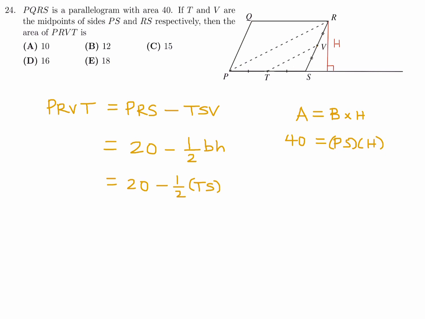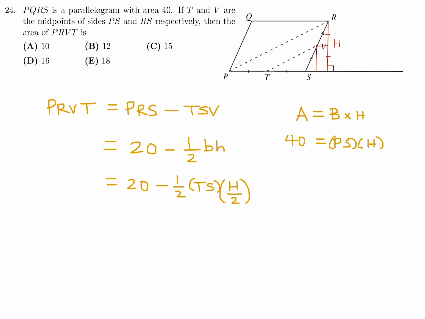Now, they tell me that V and T are the midpoints. Since V is the midpoint, if you drew a line from V to H, it cuts H in half, meaning this is the same as that. So the height of that, from there to there, is essentially going to be half of H. So this height is h over 2.